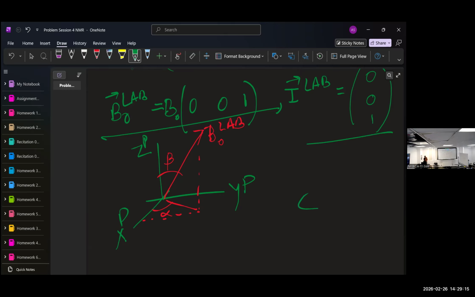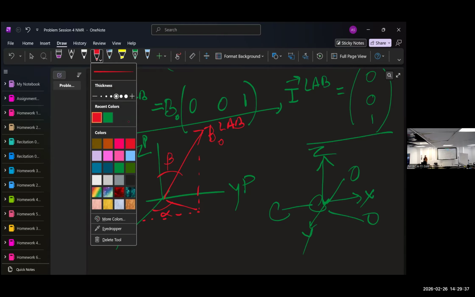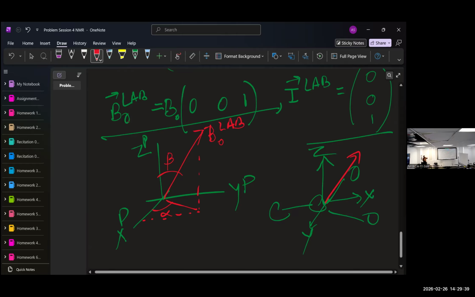So kind of like, I'm just going to draw a carboxylate. This is the Z-axis, this is the X-axis, this is the Y-axis. And B naught is at some angle, depending on the orientation of the molecule in the magnetic field.